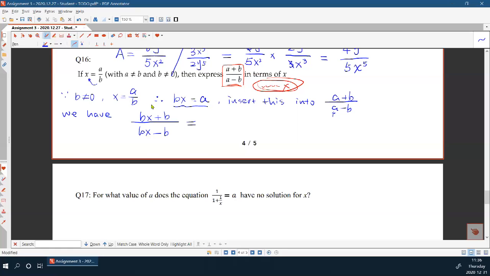Again, because b is not 0, we can cancel b on both the denominator and the numerator, right? This gives us x plus 1 over x minus 1, right? So this means the original expression is converted to another expression in terms of x.